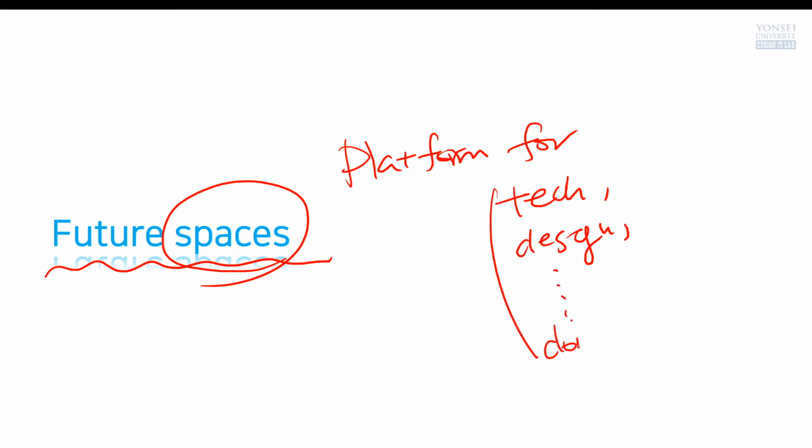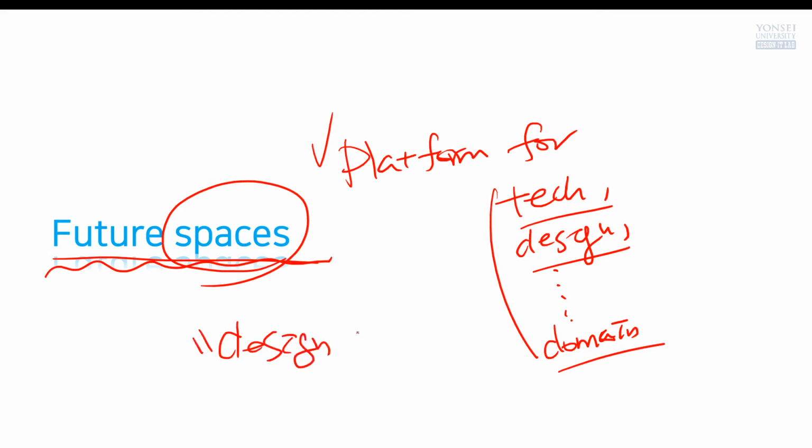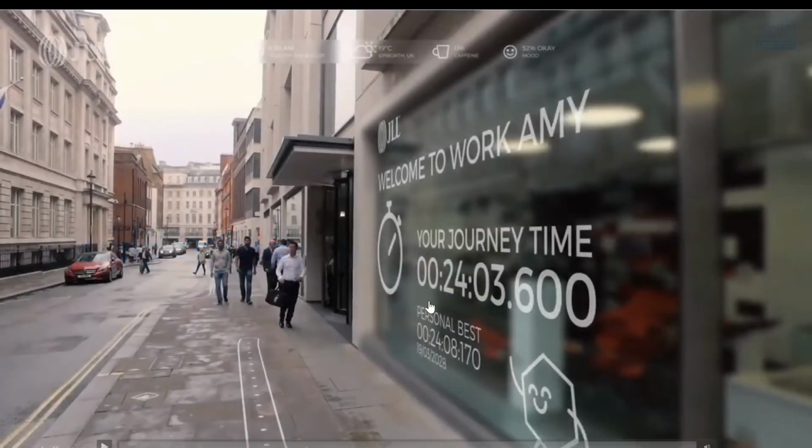A lot of domain subjects, domain things, domain knowledge. But actually this is an ideal approach and some theory-based survey. Let's talk about some future space design. How is space going to change in the near future or in the future?